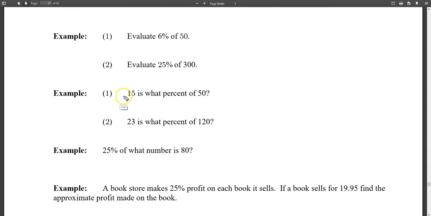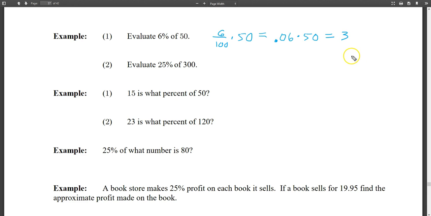Let's take a look at a few more examples. Let's evaluate 6% of 50. Well, we're going to have to take 6 over 100 times 50. That's all it is. Or realizing that 6 over 100 is 0.06, and then multiply that by 50. So just do that on your calculator, and you should get 3 back.